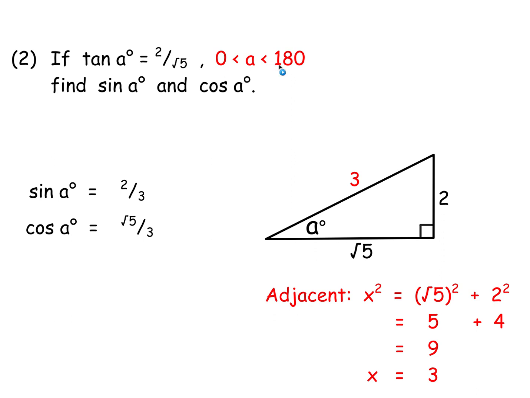And between 0 and 180, the only place tan A is positive is in the first quadrant, 0 to 90. So the angle A is actually between 0 and 90, because from 90 to 180 the tangent's negative. There's no plus minus here. That's a quick way to do these, and that's the way you should do them, and it's good practice if you're going to do higher maths in Scotland.